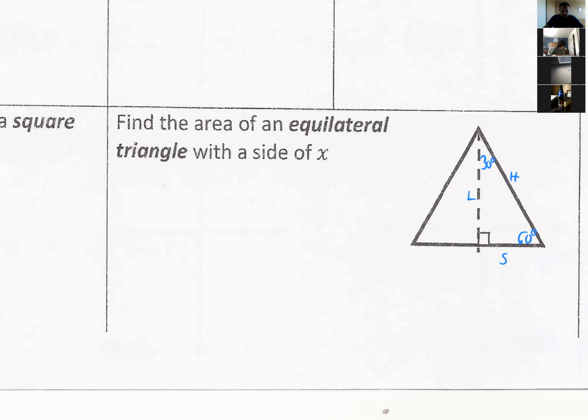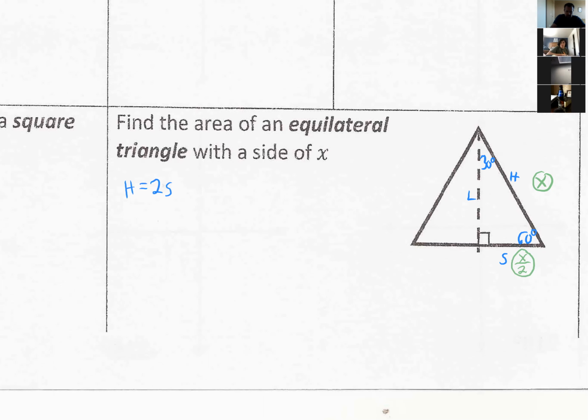So we know it has a side length of x. So if it has a side length of x, that means the hypotenuse would be x. This right here would be half of the hypotenuse, which is x over 2. It's half of the entire big triangle. So I'm going to use my two formulas here. My first formula is h equals 2s.